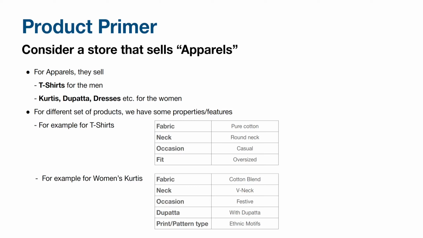Now this is telling us that even though we have a store and we have apparels, so basically it's clothing, for t-shirts we have some set of properties, and we have women's kurtis which has another set of properties, and these both might have common properties and might have different properties also. They don't need to have same properties.